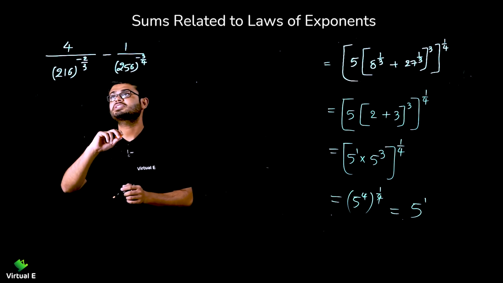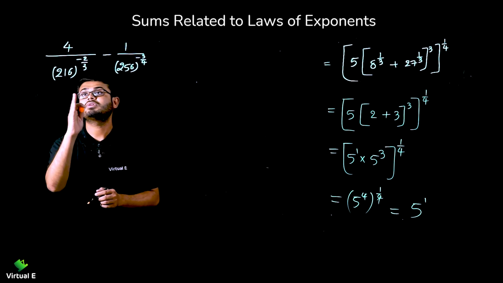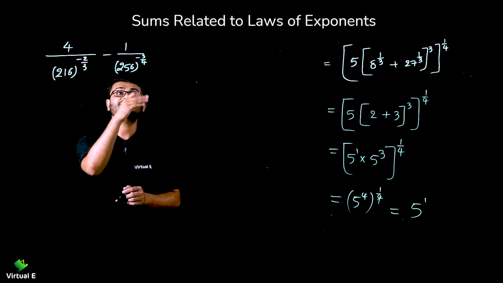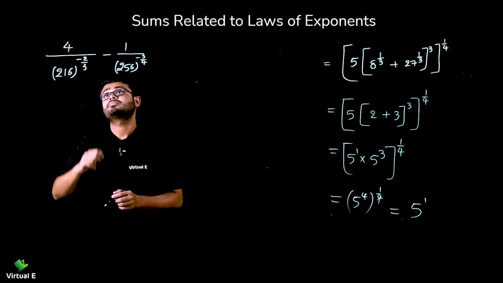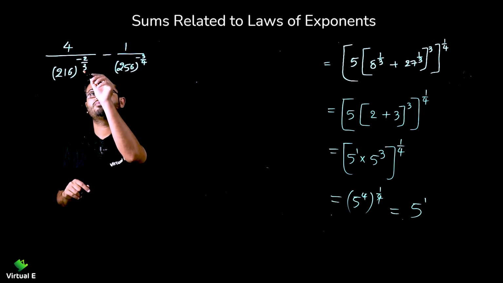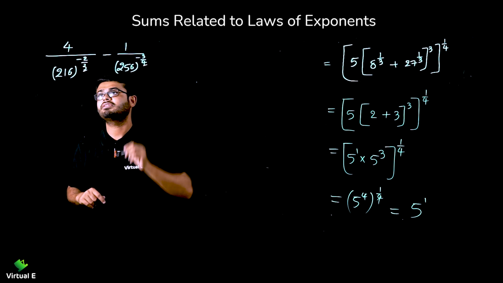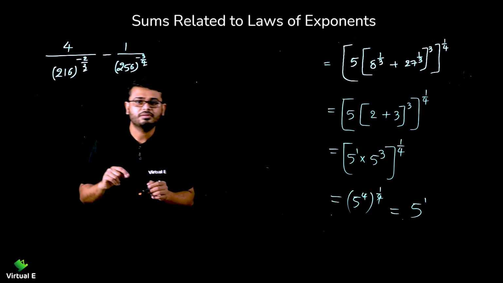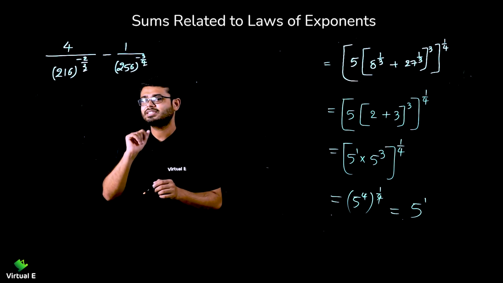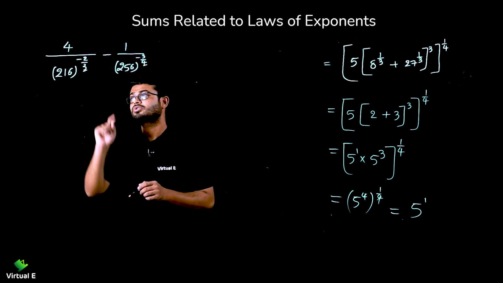Here 4 by 216 raised to minus 2 by 3, minus 1 by 256 raised to minus 3 by 4. Okay, so we can do one thing. First of all, let's start with whatever root is given over here, third root. Which number, if you take cube of it, you get 216? That is 6, right? 6 cube is equal to 216.